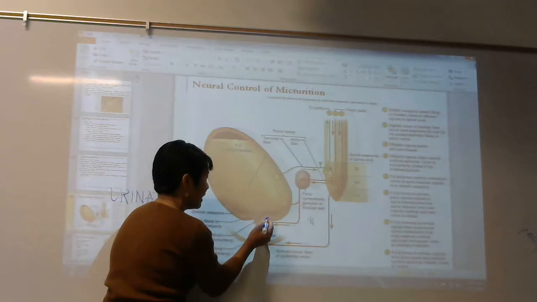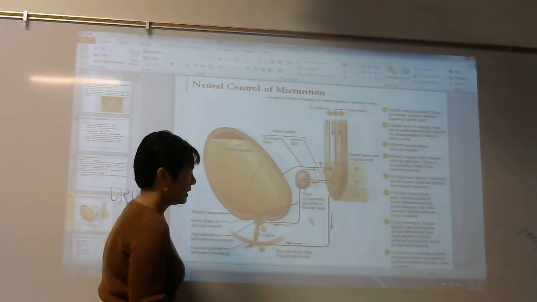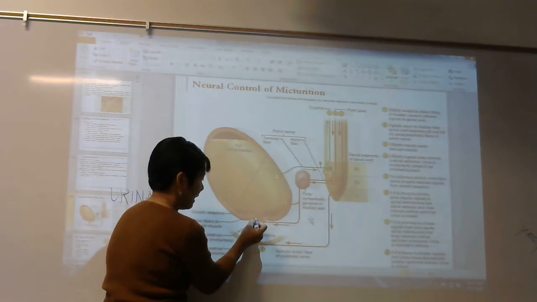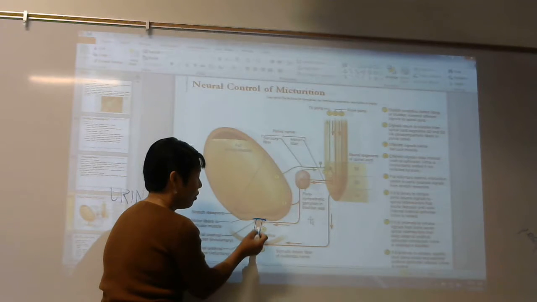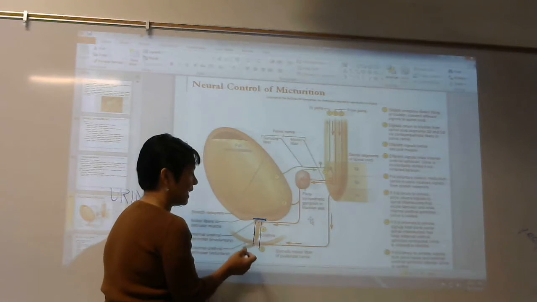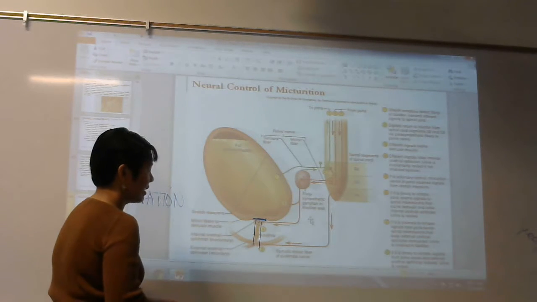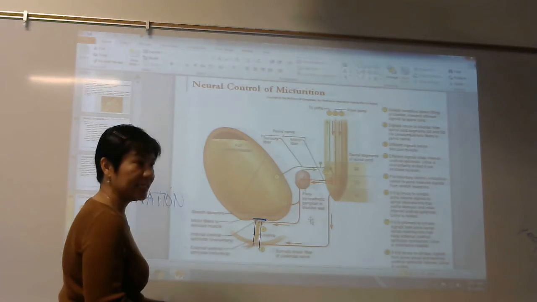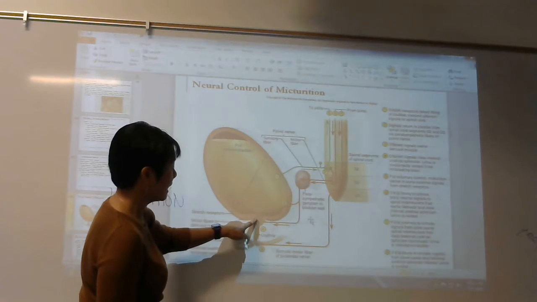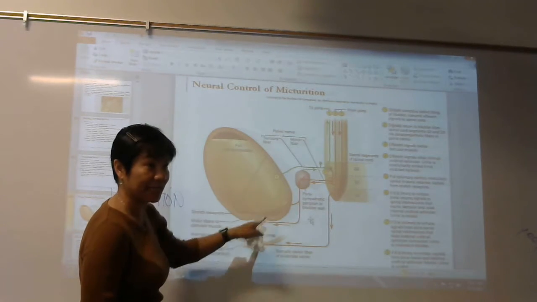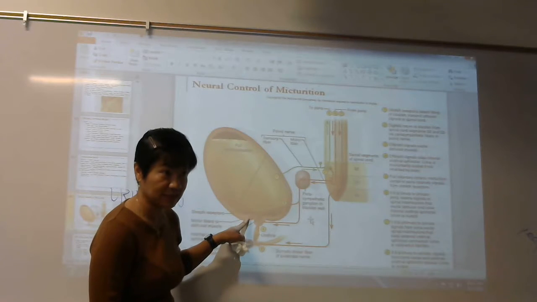So look at this bladder, it empties or ends right here, and this is the beginning of your urethra. There are two openings that guard the urethra. The first is called the internal urethral sphincter, which is nothing but the most inferior part of your bladder, so it's smooth muscle.